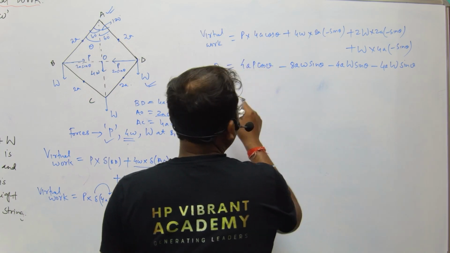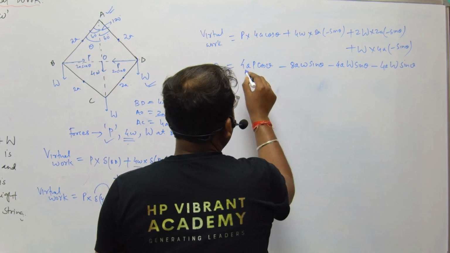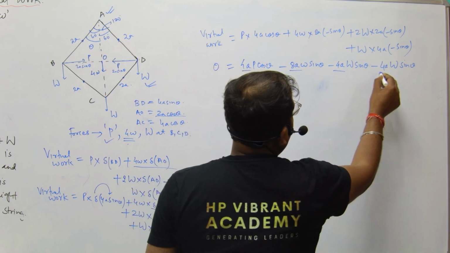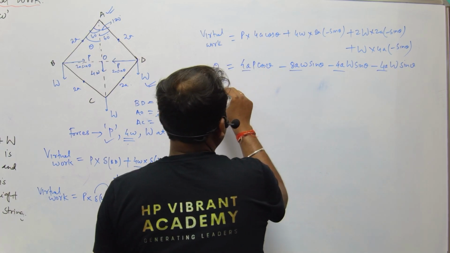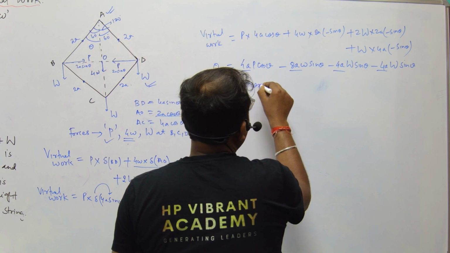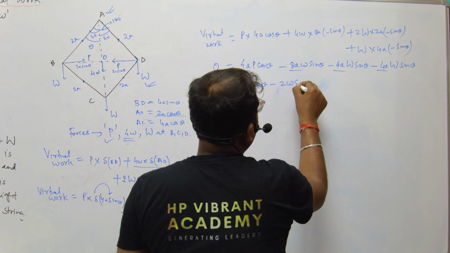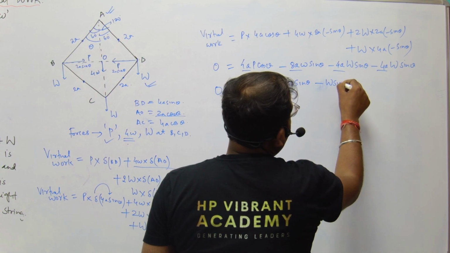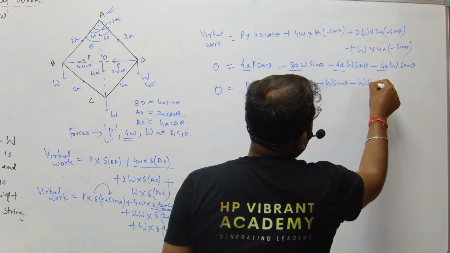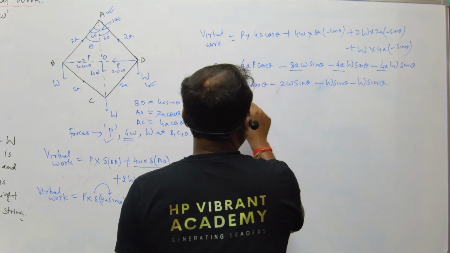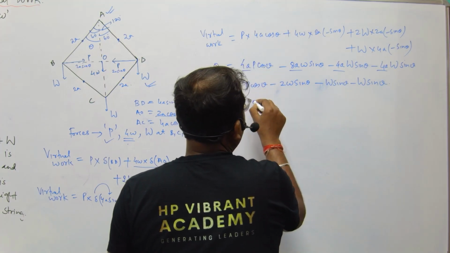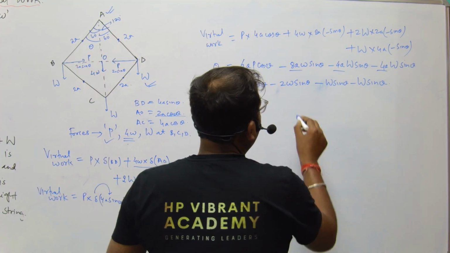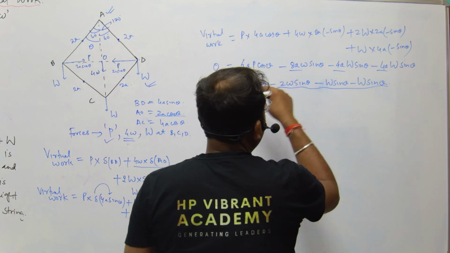Okay, so let us divide this by 4A. So 0 is equal to P cos theta minus 2 small w sin theta minus capital W sin theta minus capital W sin theta. Okay, so we have P cos theta is equal to, let us take all these to the left hand side.